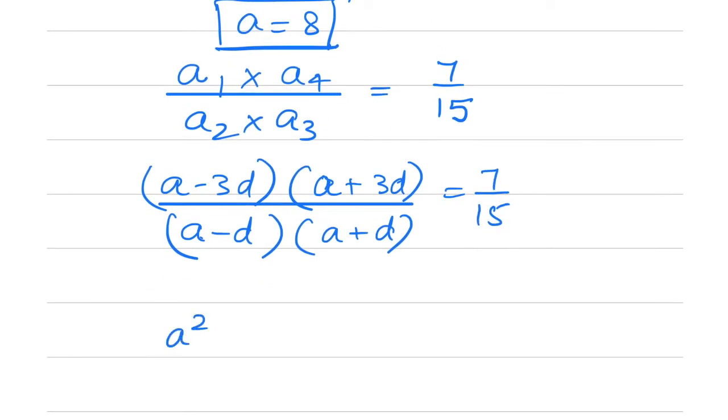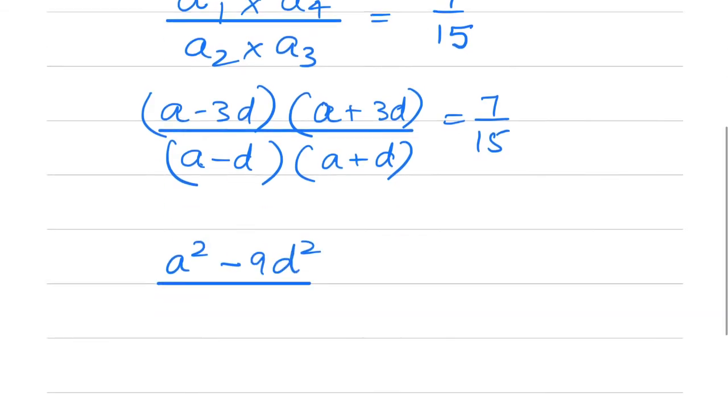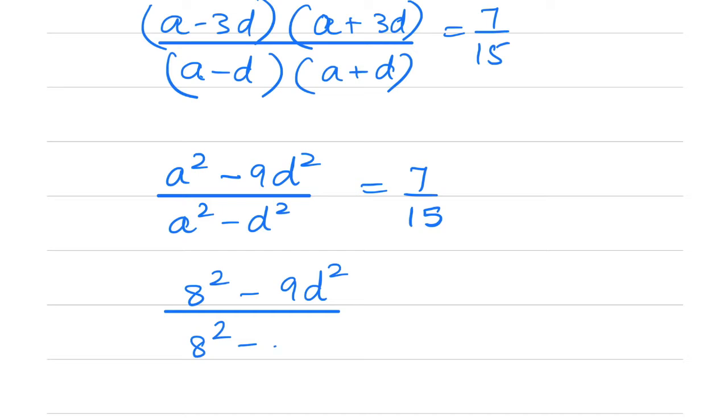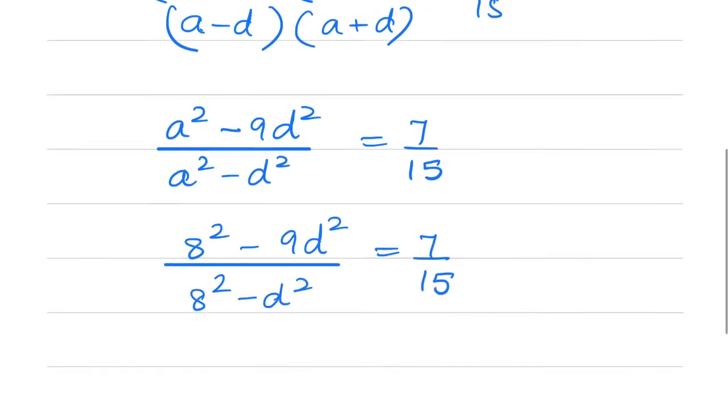We have a square minus 9d square divided by a square minus d square is equal to 7 by 15, and we found out a as 8. So 8 square minus 9d square divided by 8 square minus d square is equal to 7 by 15.